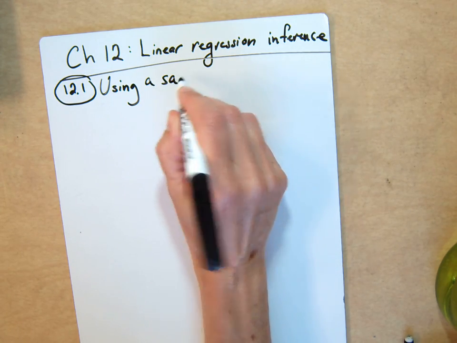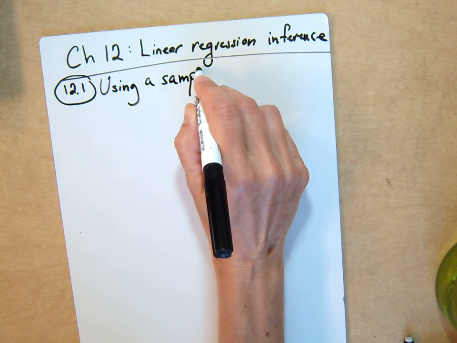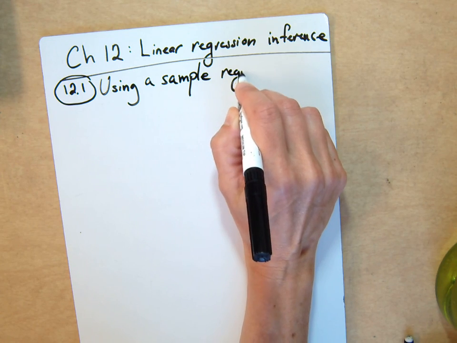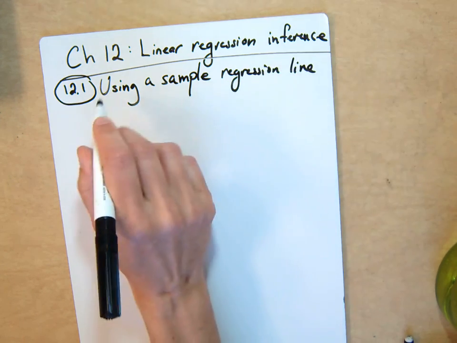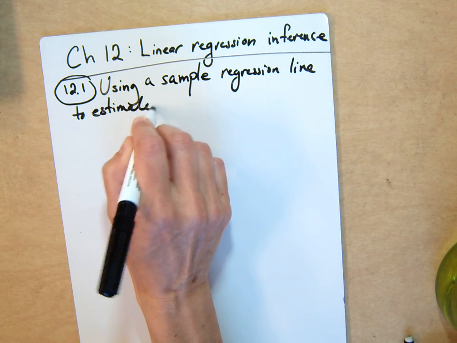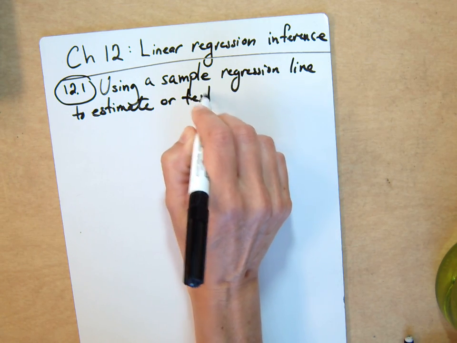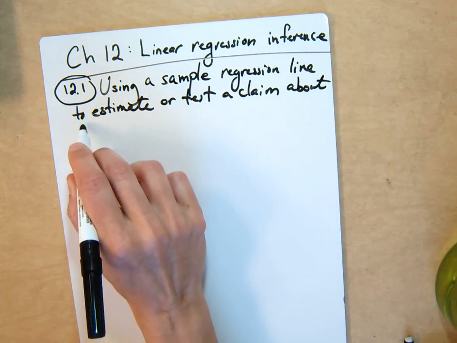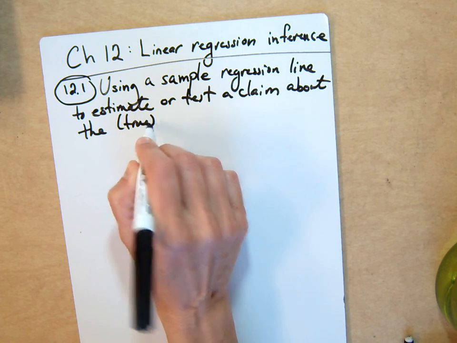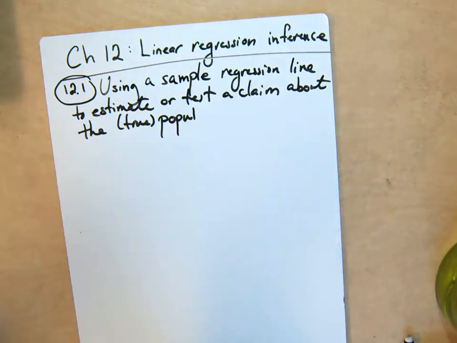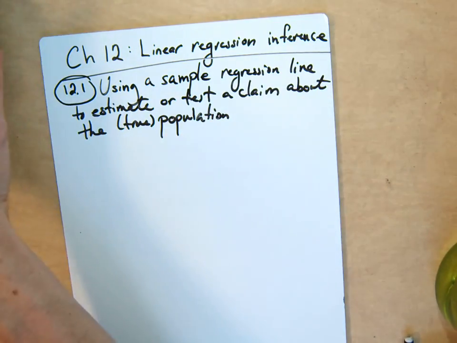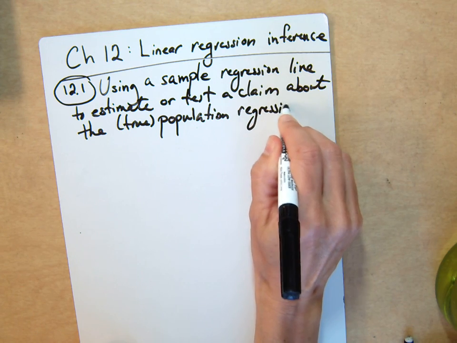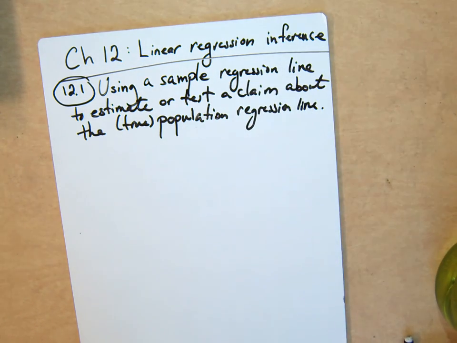We can do that with confidence intervals and hypothesis tests using a sample regression line, to either estimate or test a claim about the true population regression line.